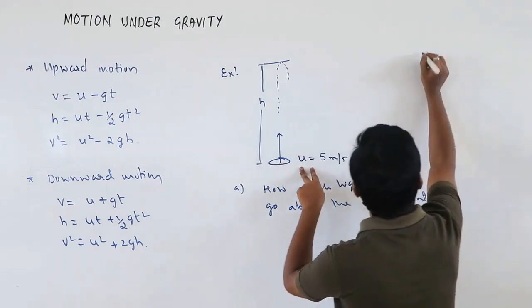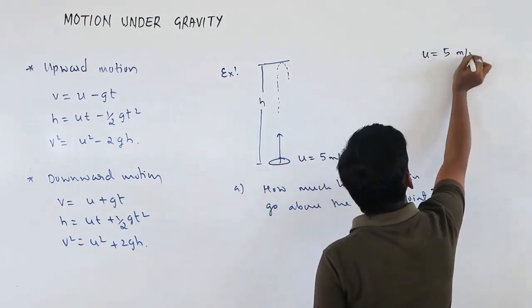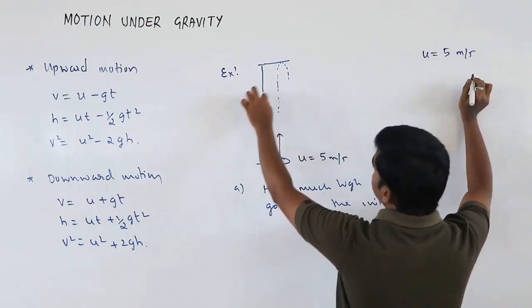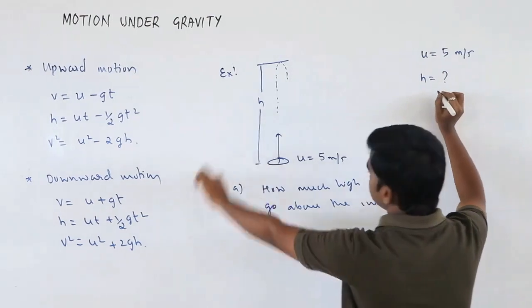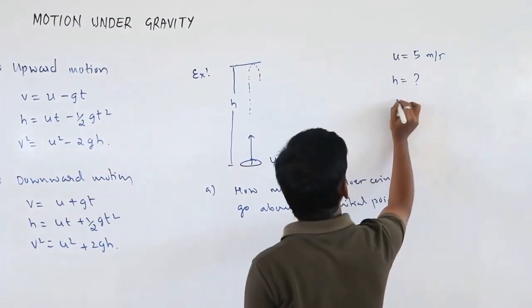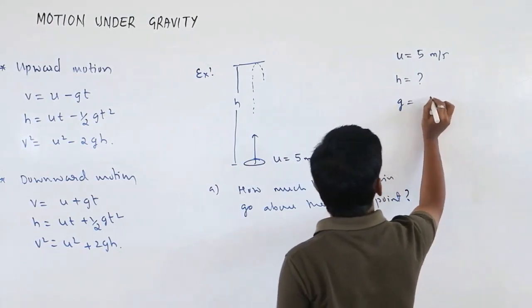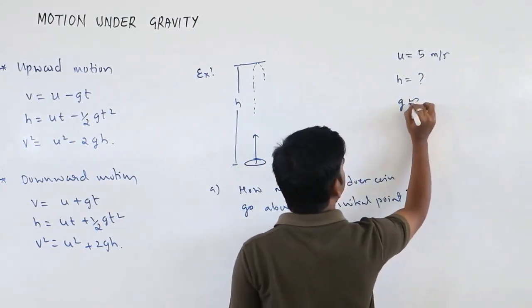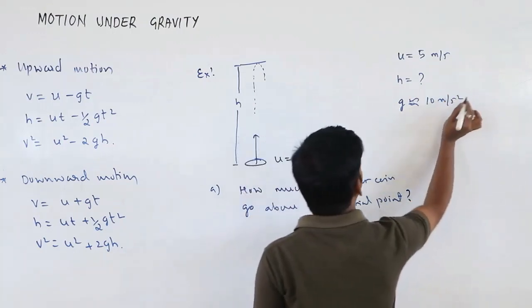Initial velocity U equals 5 meter per second. H we have to find. Then what about the G value? G is approximately 9.8, I will take 10 meter per second square, approximately.